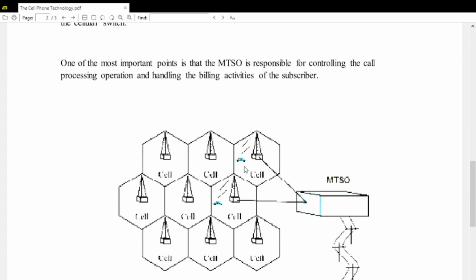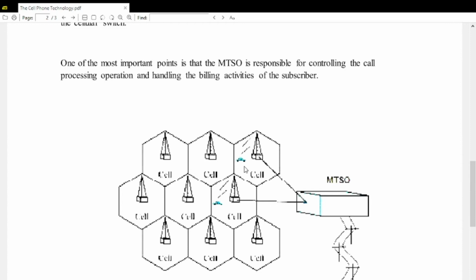But the thing that made the cell phone what it is today is the high powered transmitter, which was originally there, being replaced by low powered transmitters which are able to communicate with one another and facilitate the local communication.